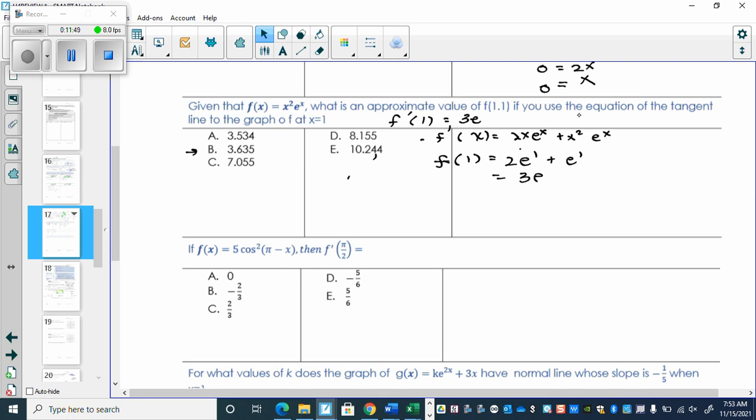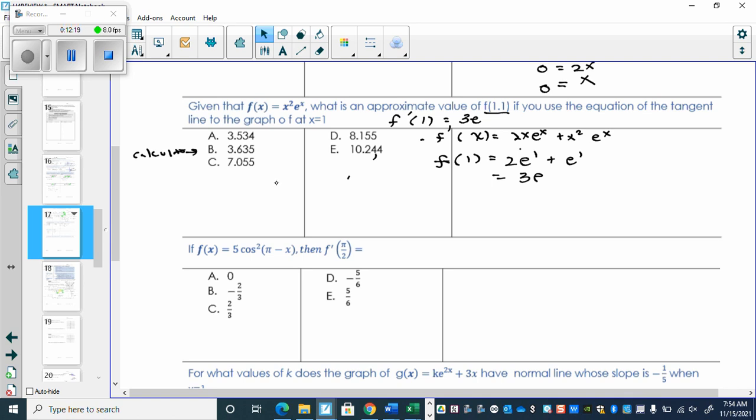So they want me to approximate the value of this, and you can do this. It's kind of antiquated given that calculators produce a more accurate answer, but they're asking, do you know how to approximate the value of 1.1 using the equation of a tangent line?